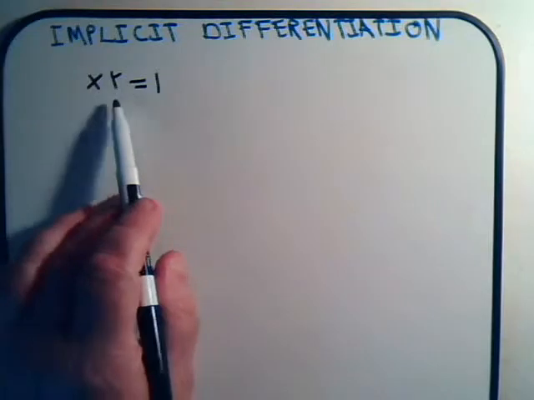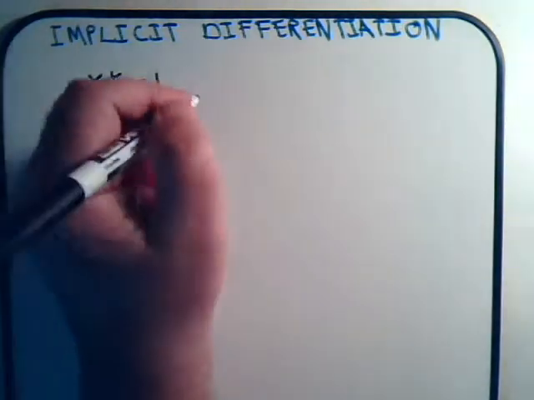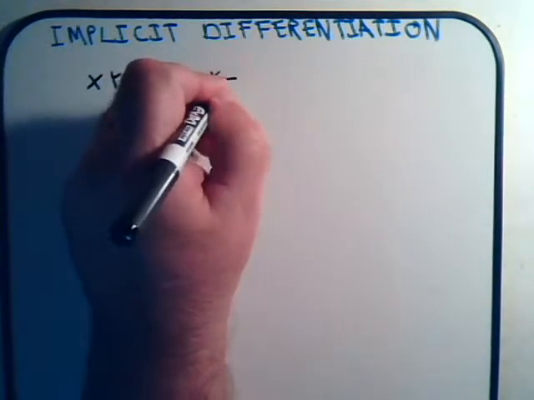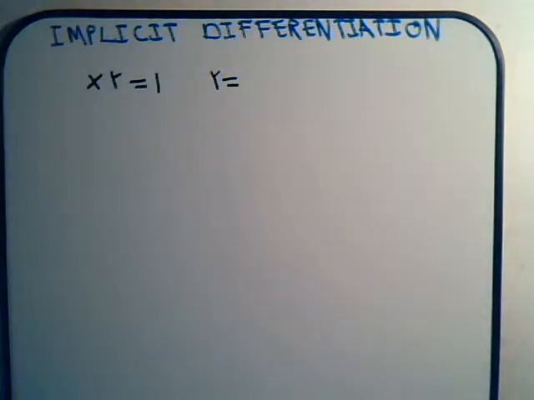Now again, we can get an explicit value for y. We can say, well, y is equal to x to the minus 1.